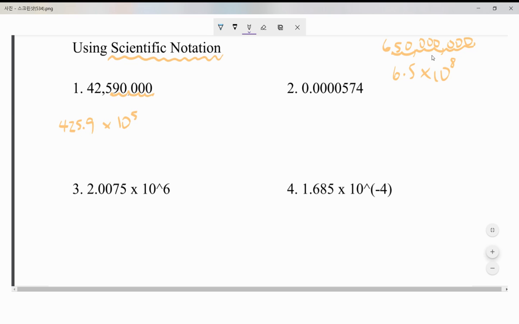Okay, in this case, we're going backwards. So 1, 2, 3, 4, 5, and 6. 10^-6, because we're going backwards. And 57.4. Okay, and what about this?